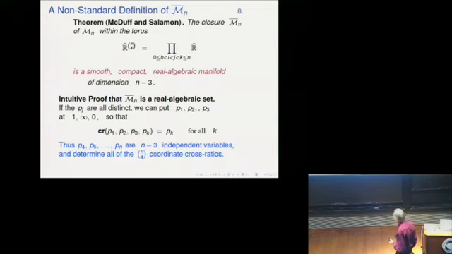And so if we know what all of these numbers are, then we can compute all of the cross ratios. So that means that all of these n choose 4 cross ratios can be computed just in terms of these, or as functions of the pk.